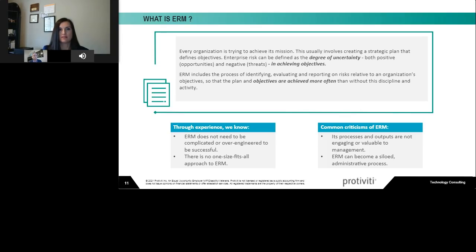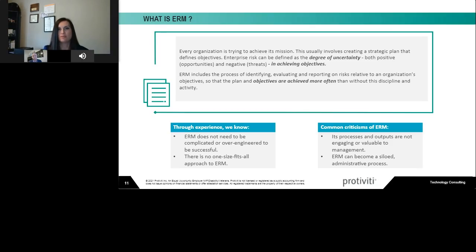Enterprise risks, that category, that term, are the uncertainty or the risks that give uncertainty to achieving those objectives.